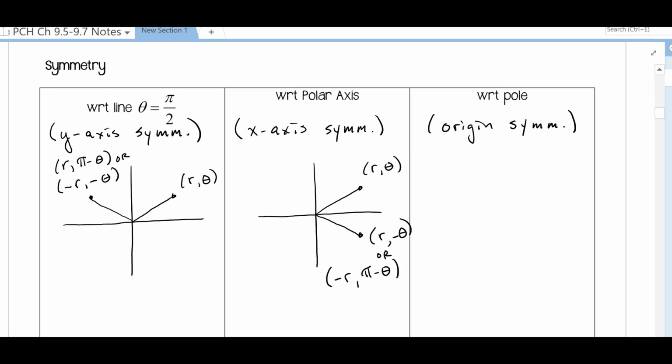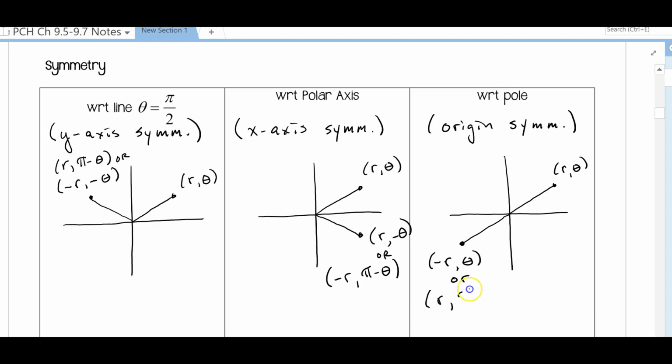And then with respect to the pole, our original point (r, theta) would be on the curve, and we would also have this point on the curve, which would be (negative r, theta), or (r, pi plus theta). So that would also be on the curve.